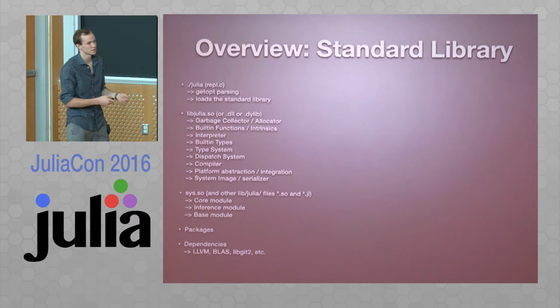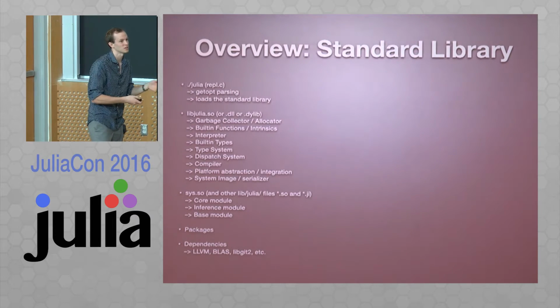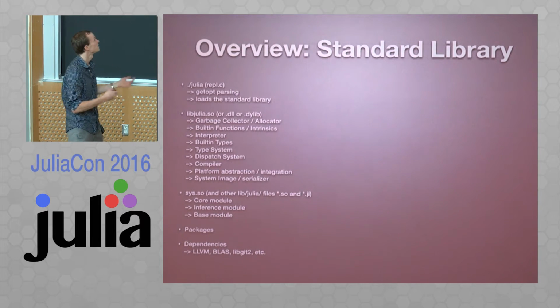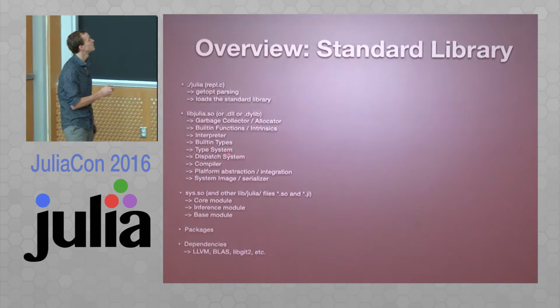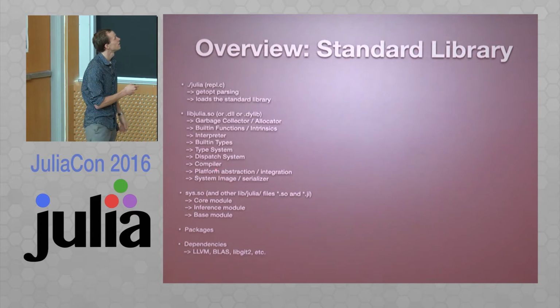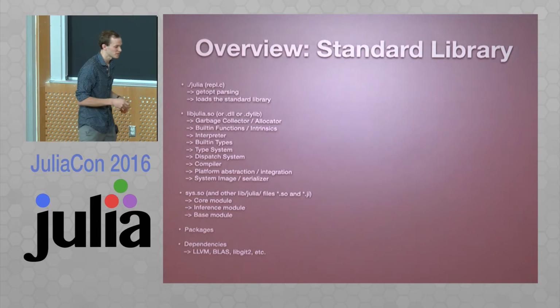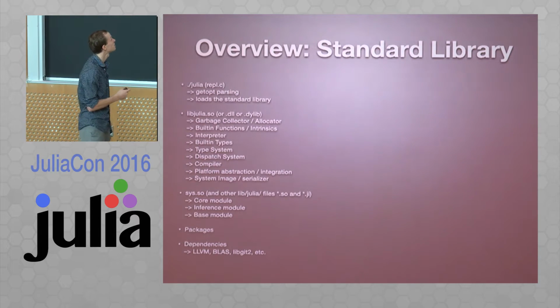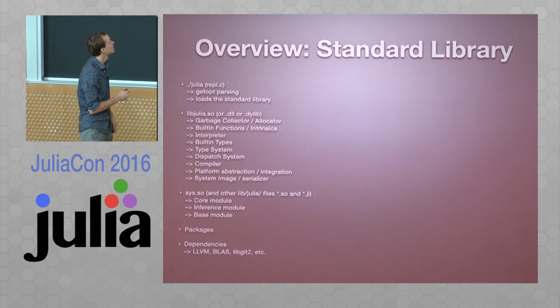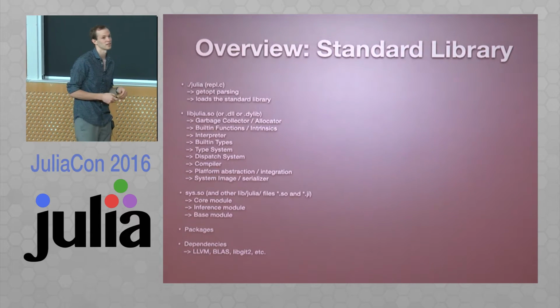The type system: how do two types intersect? Is one the subtype of the other? The dispatch system is implemented there. The compiler is part of that, although, as I'll show in a couple of slides, it is actually optional. It can be taken out. It contains a lot of our system abstraction layer.